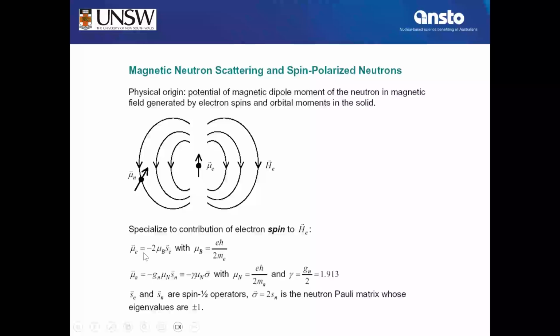Here is the Bohr magneton of the electron, the mu of the electron, the magnetic Bohr magneton. And actually here you see the Bohr magneton contains 1 over the mass of the electron.